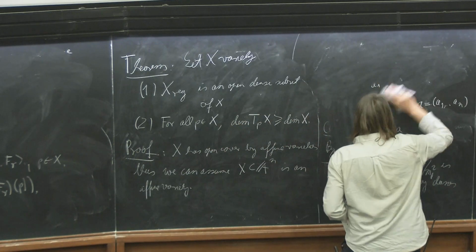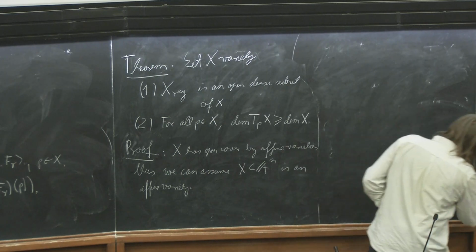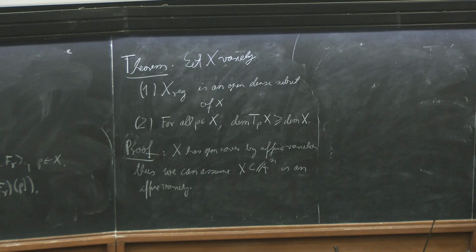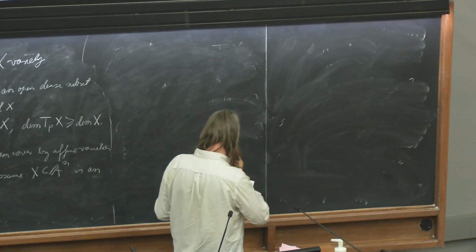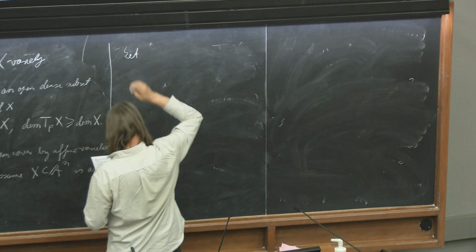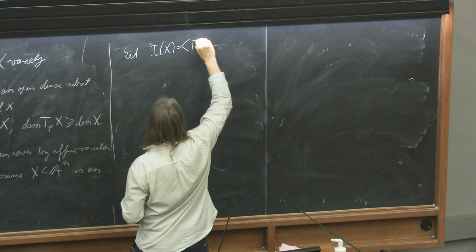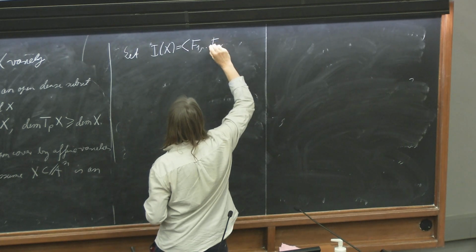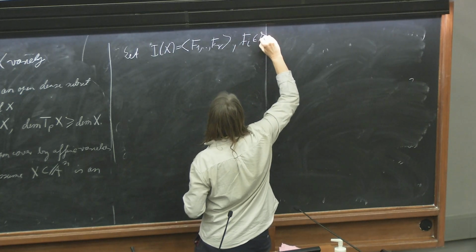So therefore, we can work in the usual concrete way, just with the coordinates and with the Jacobian and so on. So let's assume that the ideal of X is generated by some elements f1 to fr, the fi are polynomials.